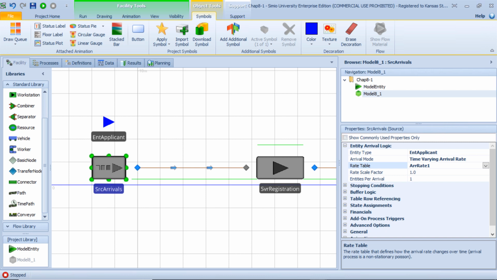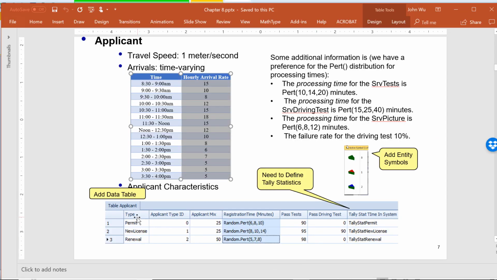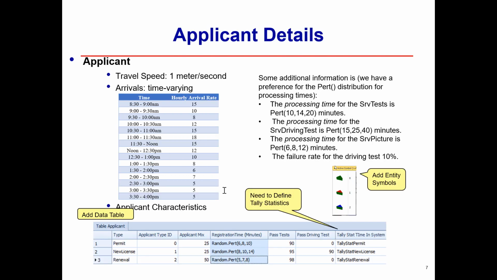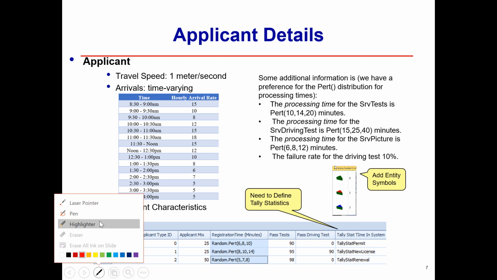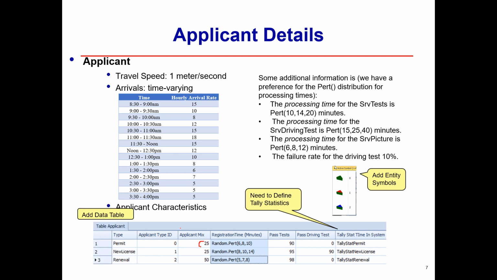Also, as we said, there's a 25% chance of the arrival asking for a permit, 25% asking for the new license, and 50% of the applicants are for the renewal license. So we need to use this mixture to determine which type of applicant it is going to be.